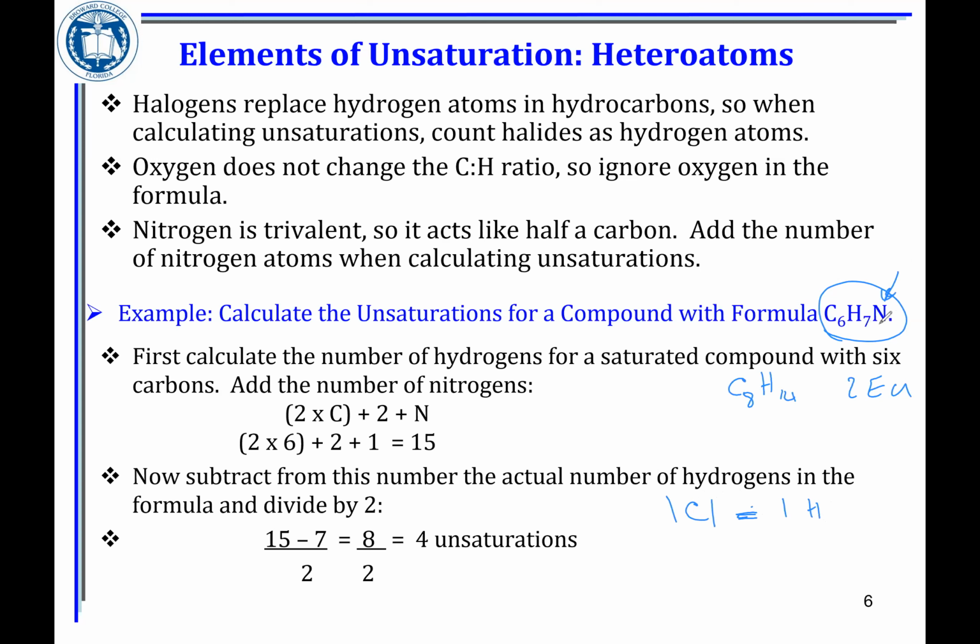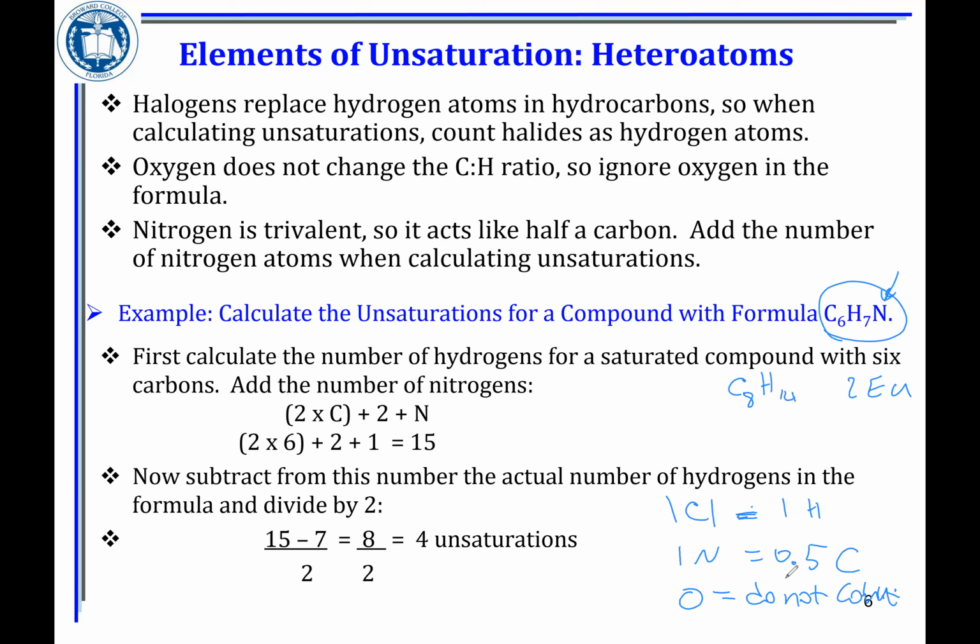For nitrogen, nitrogen counts like half a carbon. So 1 N is 0.5 C. Oxygen, do not count.